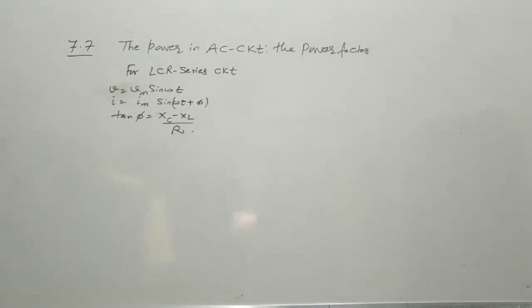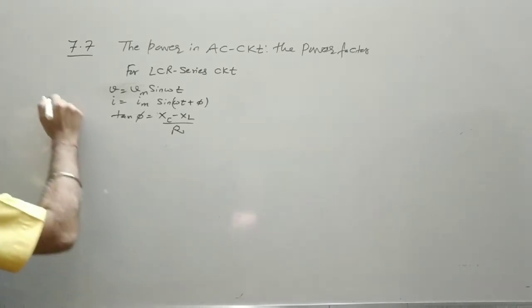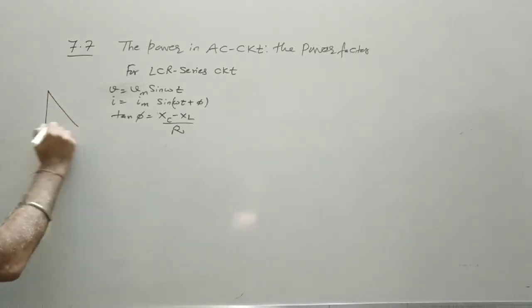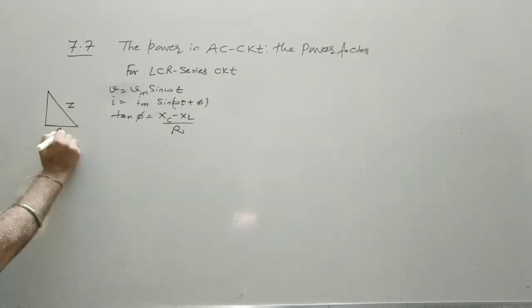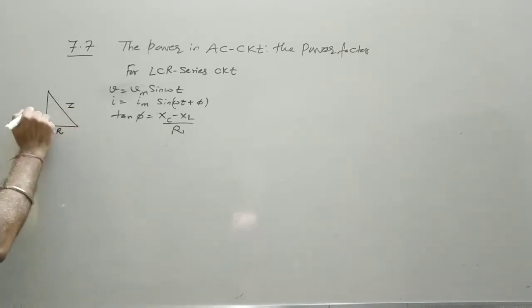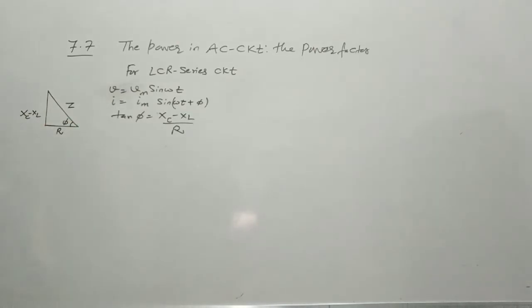This was the impedance triangle, where this was Z, this is your R, and this was Xc minus XL, and we have taken this angle as phi. So tan phi was equal to opposite upon adjacent. This was our impedance triangle.